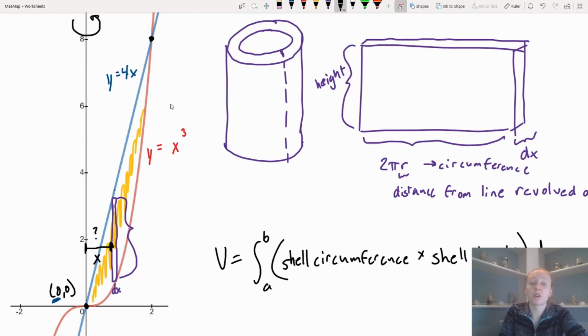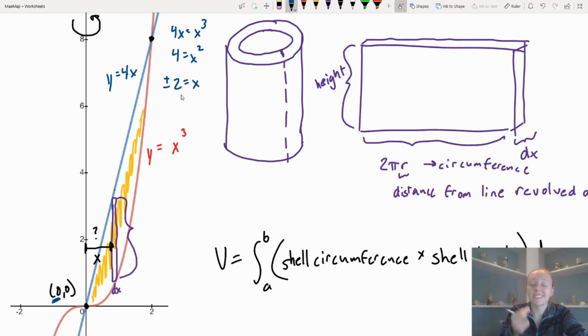Next, we need to solve for the rightmost intersection point where I stop drawing those rectangles. That's going to be when 4x equals x cubed. If I divide both sides by x, I get that 4 equals x squared. Taking the square root, that's plus or minus 2 equals x.